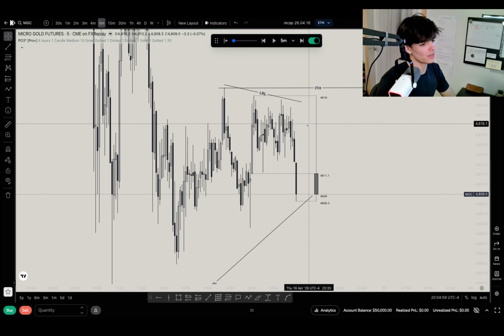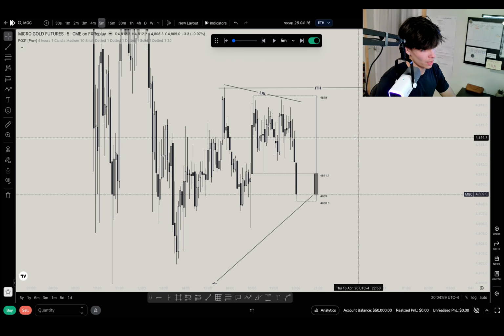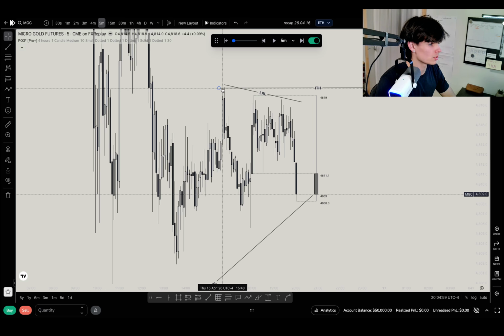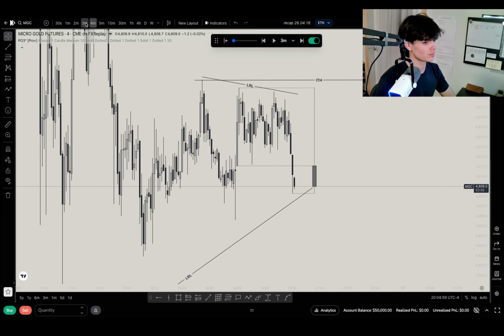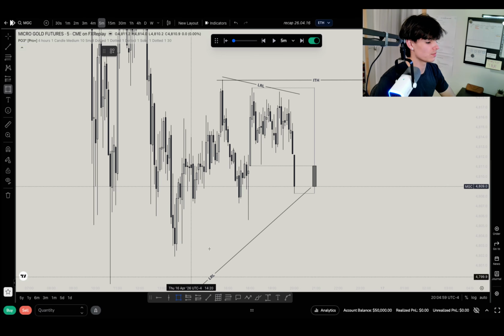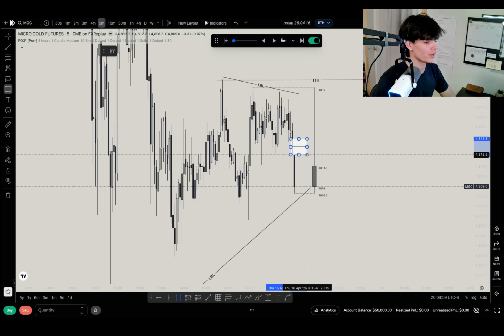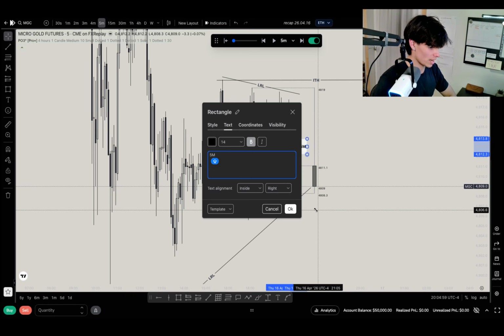We didn't get any sort of manipulation above. We dumped right at open. We left like 4 highs. They were on sweep here, so basically got some low resistance liquidity, leading to an intermediate high. Then we created this 5-minute bearish gap right over here.